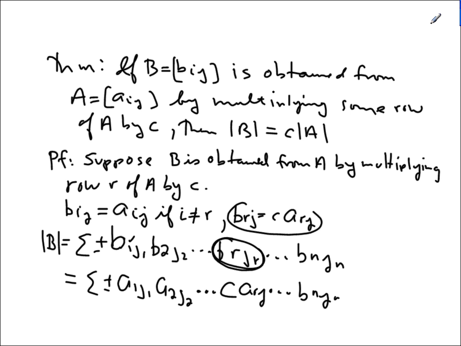Now, everything's being multiplied here. The A1,J1 changes as we sum up. That is, first maybe J1 is 7, so it's A1,7, and maybe J2 is 3. But the next time around, they change, because we're doing a permutation.